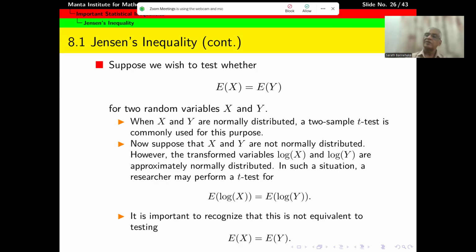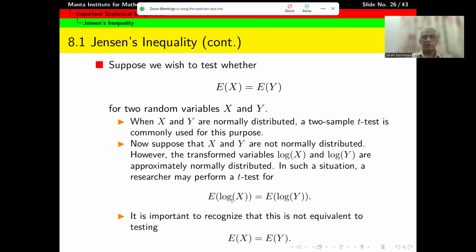And then if, for example, the test says that expected value of log x is equal to expected value of log y, then they conclude that this implies expected value of x is equal to expected value of y, which is actually a wrong conclusion.